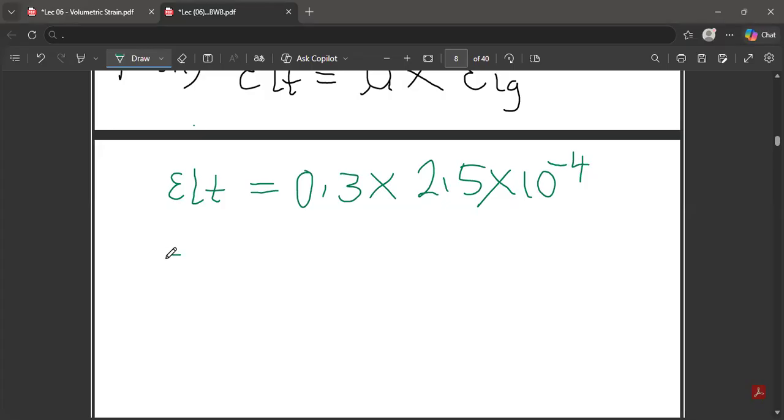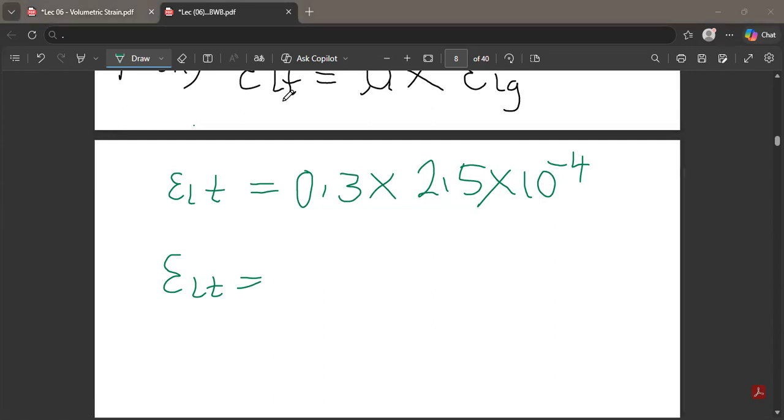Good students should quickly punch this together with me, and let's see the answer we are going to get. So that is 0.3 times 2.5 times 10 exponent negative 4, and you realize that we are going to get 7.5. What answer are we going to get? I want to check the comment section to see if we are on the right path.